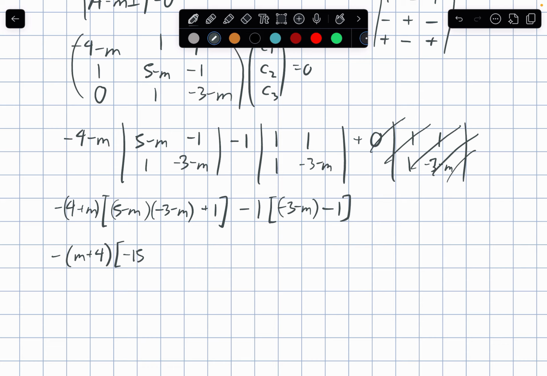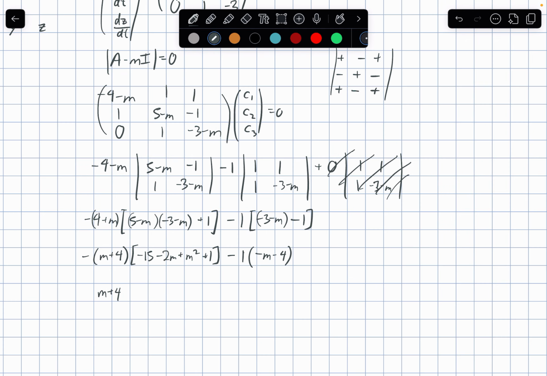Negative 15. Remember your FOIL method. Minus 1 times quantity. Okay, and then don't forget the equal to 0.